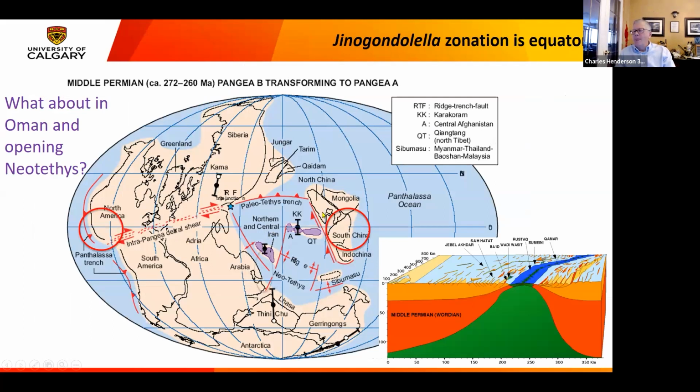All right, so I'm cognizant that we've taken a bit of time in here. So I just want to, we've talked about all the equatorial correlations. What about an area like Oman, where we have the Neotethys Sea and there's a seamount? I'm just going to show one section that we've worked on there called Rustaq.